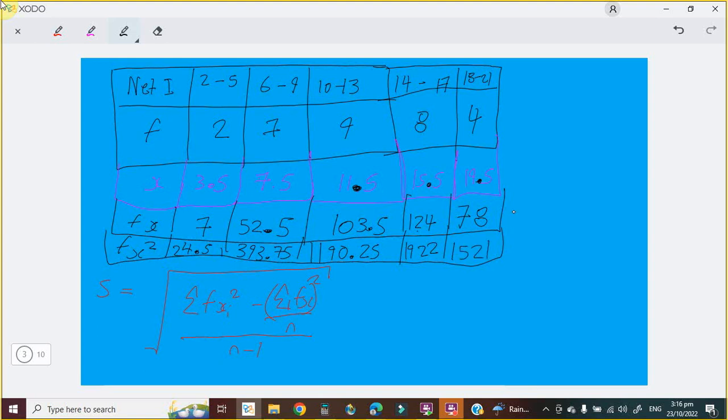Good. Now find the sum of fx and the sum of fx squared. Sum of fx.